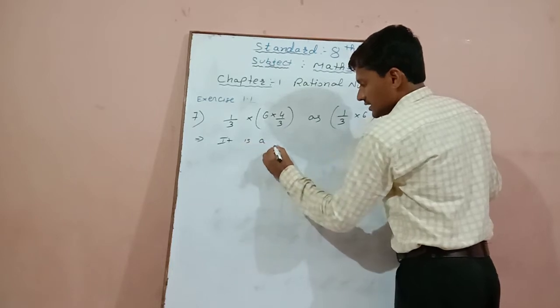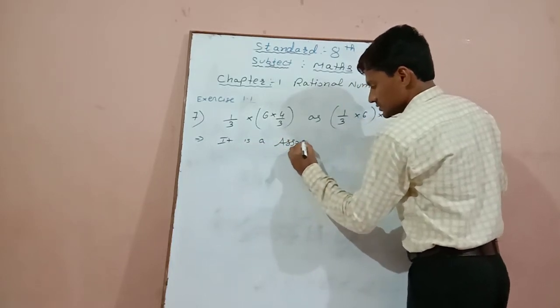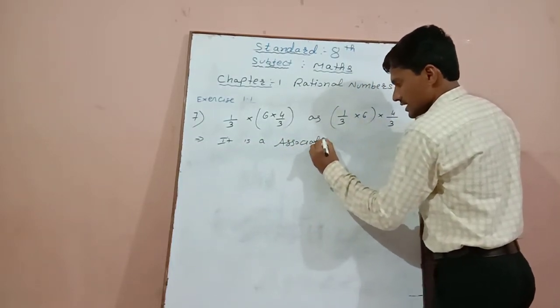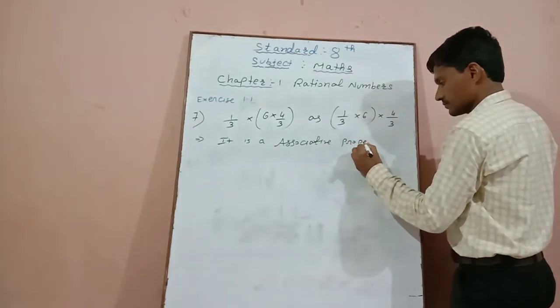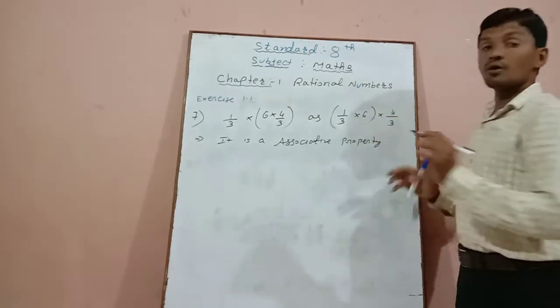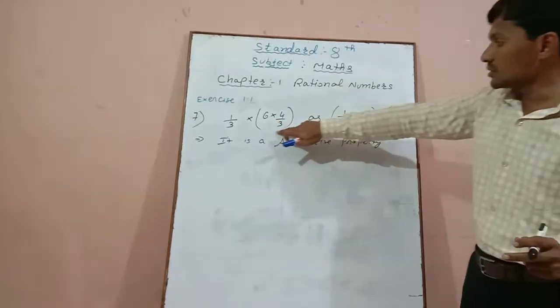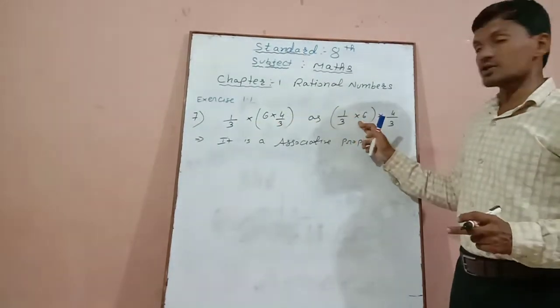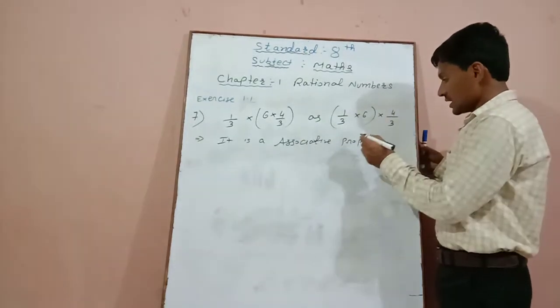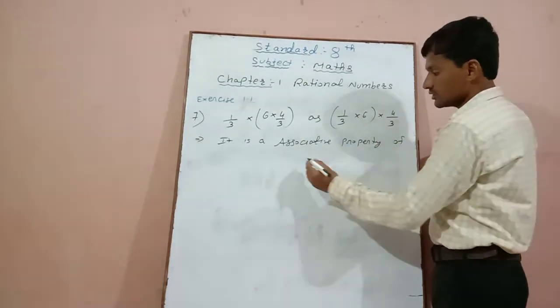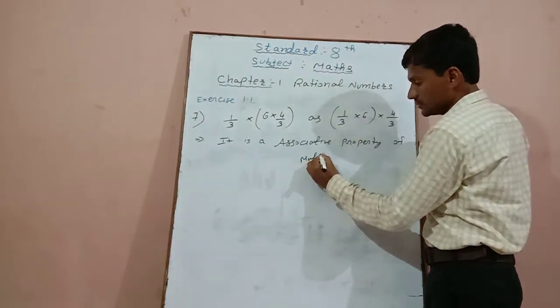It is an associative property with multiplication. See, all these are with multiplication, not addition, not subtraction. So we can say associative property of multiplication.